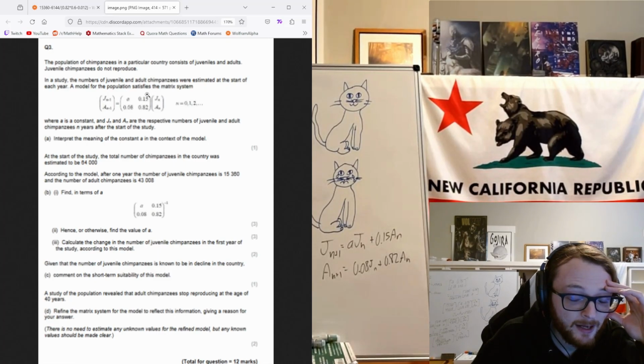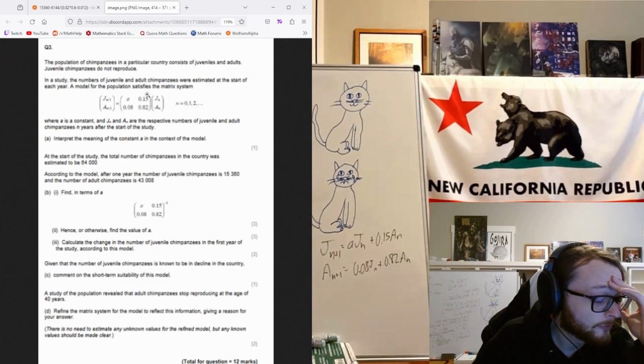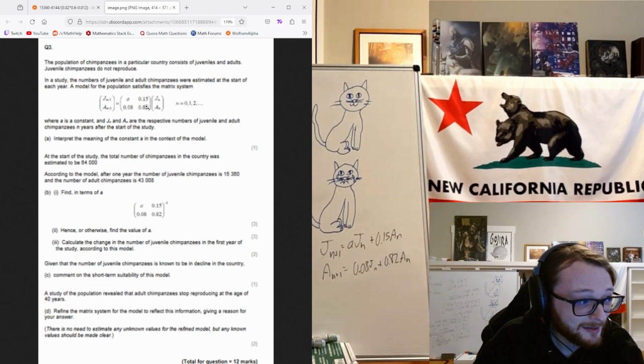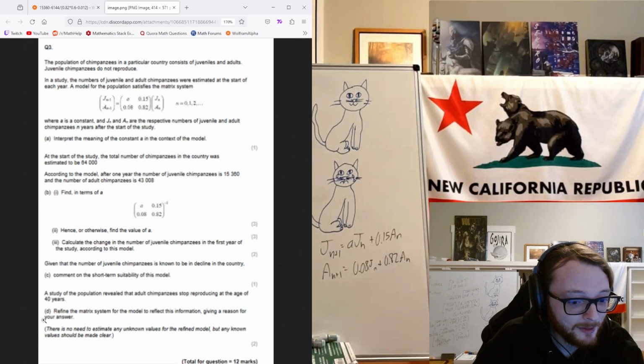The 0.15, well, the adults aren't reverse aging, I would think, but I feel like it's this 0.15 that would need to get changed. Does that represent the adults giving birth to chimpanzees, I would guess, which is where we'd have to make a change. And it does make sense that our juveniles were too high, according to the model.